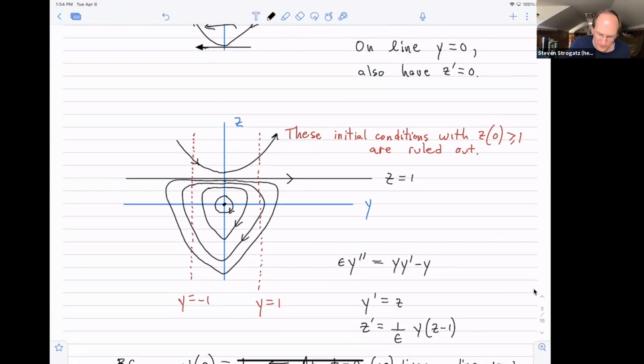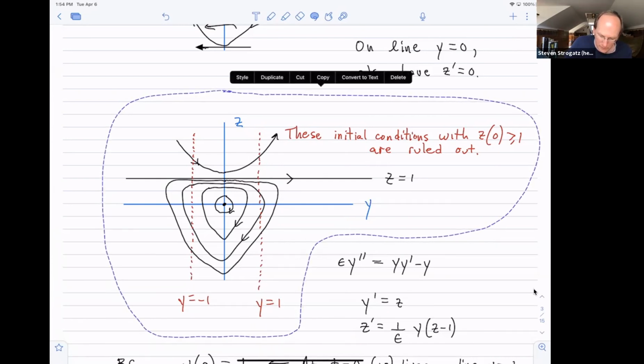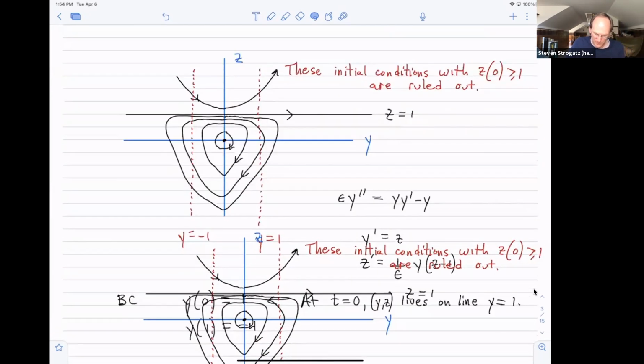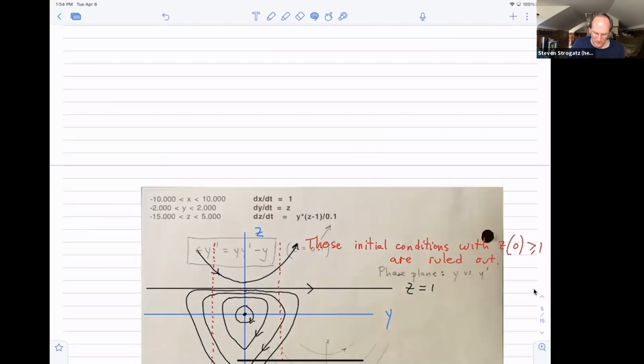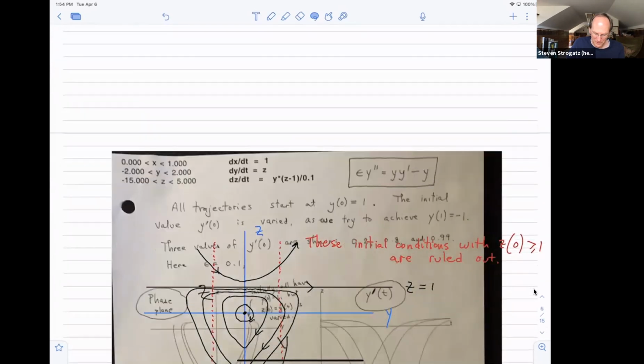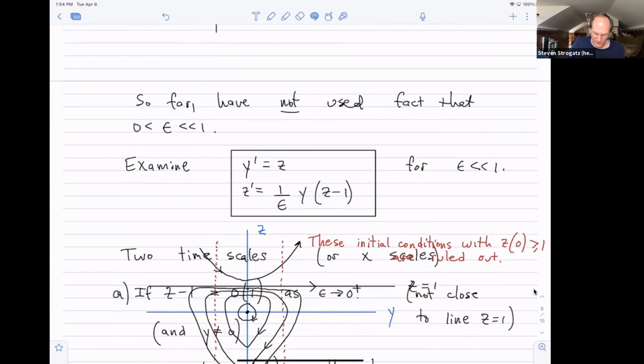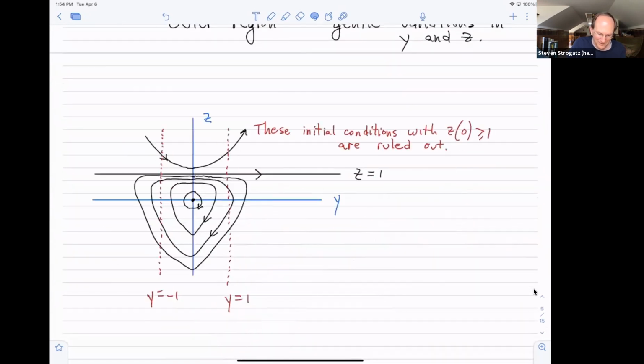Let me copy this and drag it down. Let's see if this works. I'm going to say duplicate. There it is. Now come with me. This is something you can't do on a blackboard.